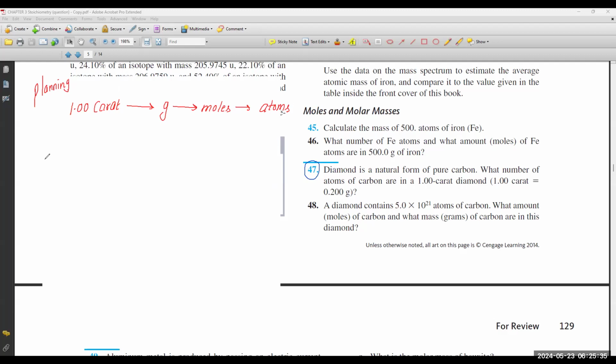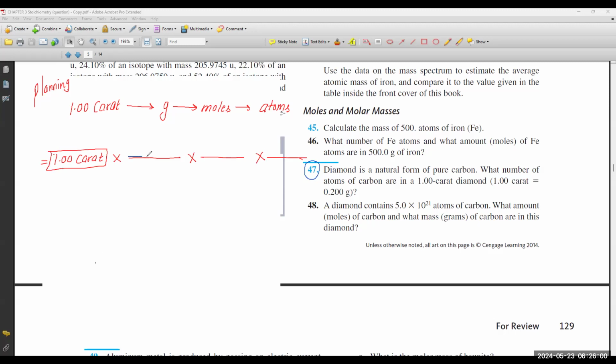Okay, so start with what is given. 1.00 carat. Tell me the next ratio. The next ratio and the next ratio. And your sig figs will be decided by this number, the number which is given to you. Yes.